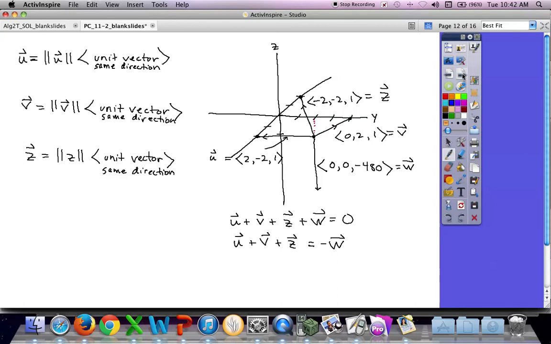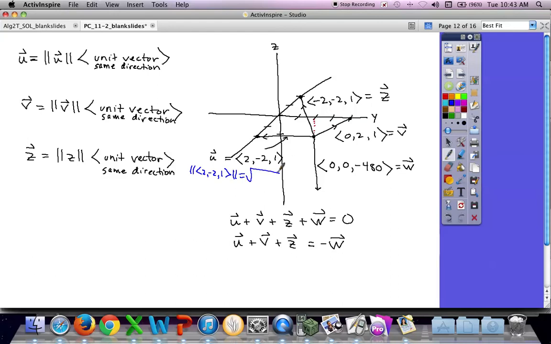Okay, so how am I going to find a unit vector in the direction of this vector here? Find the magnitude, right? It's not really correct to say the magnitude of u, but the magnitude of this here is the square root of 2 squared plus negative 2 squared plus 1 squared.